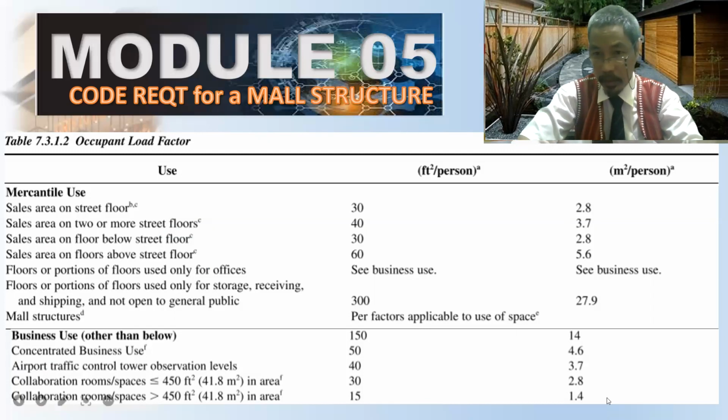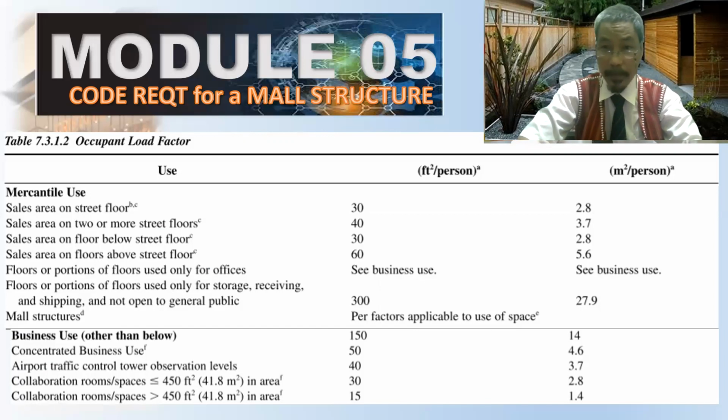We are looking at this column because this column is what? This one is SI units. Okay, so 3.7, and then sales area on floor below street floor 2.8, below street floor meaning there are underground levels, and sales area on floors above street floor 5.6.